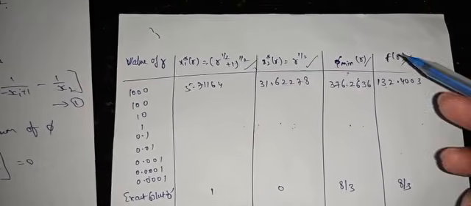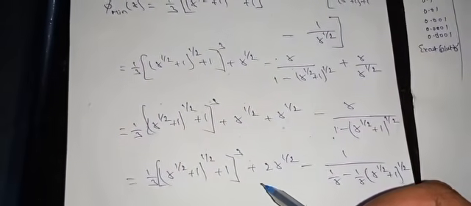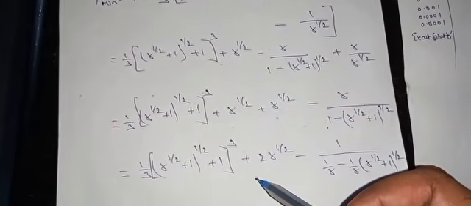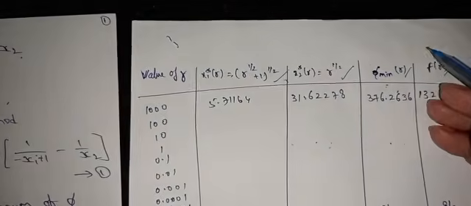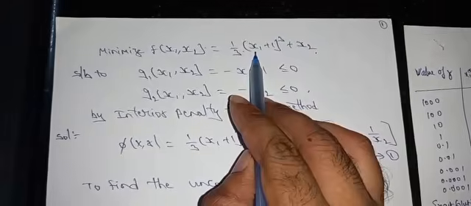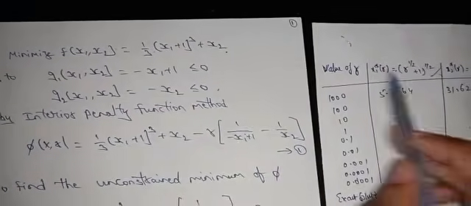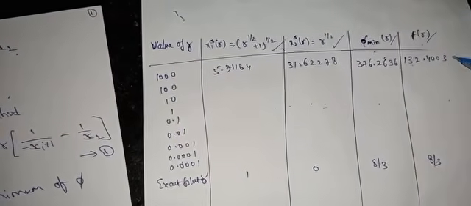Substitute the r value in the phi minimum, with r from 1000 to 0, and we will get the values. Similarly, how do we get f of r? In the given question, if you substitute the x1 star value in place of x1 and the x2 star value in place of x2, we get the f of r value.